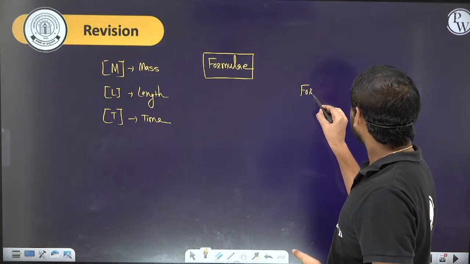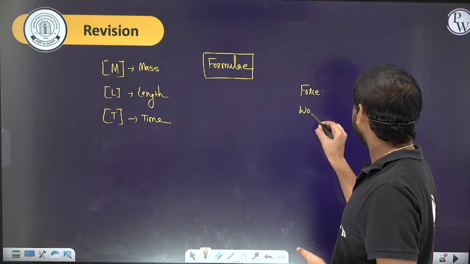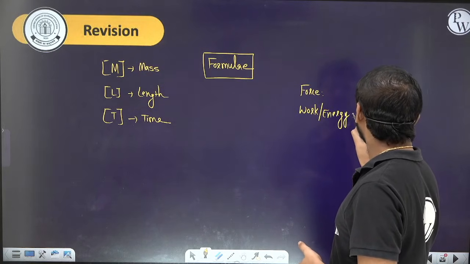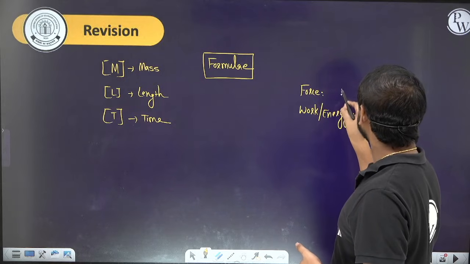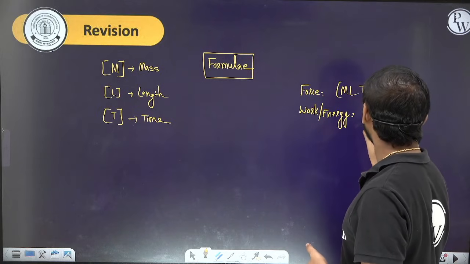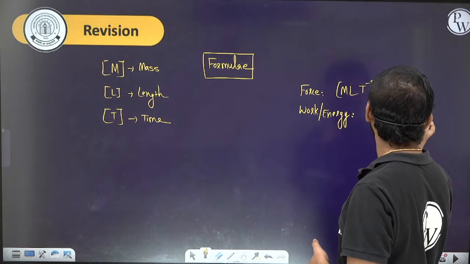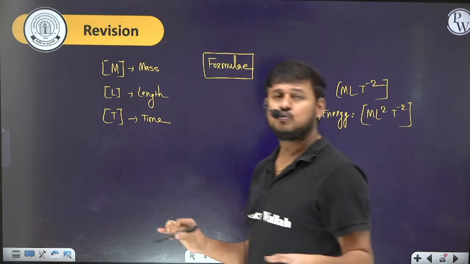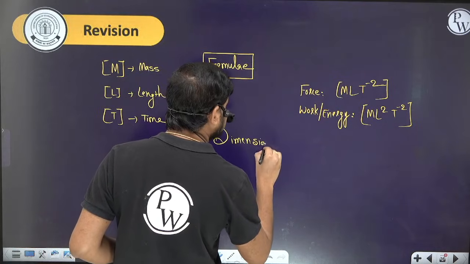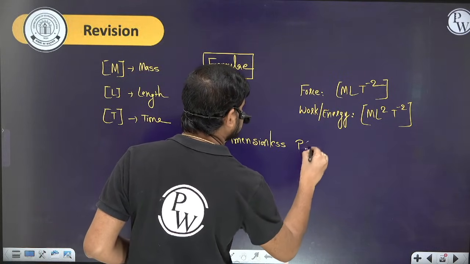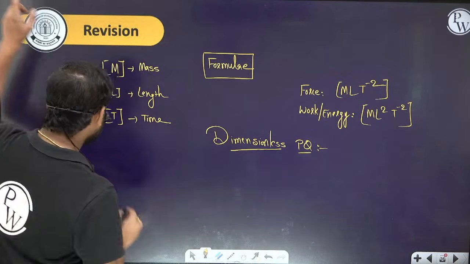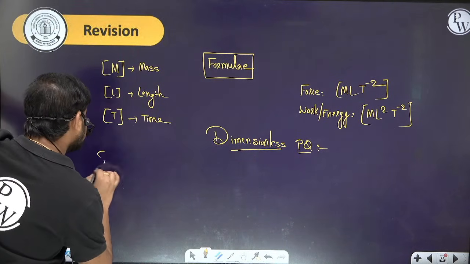So what you have to do: force, work, energy. These you should remember compulsorily: M L T to the power minus 2 for force, and for work and energy it's M L square T to the power minus 2. Also list down the dimensionless physical quantities, and which physical quantities have the same dimensions.